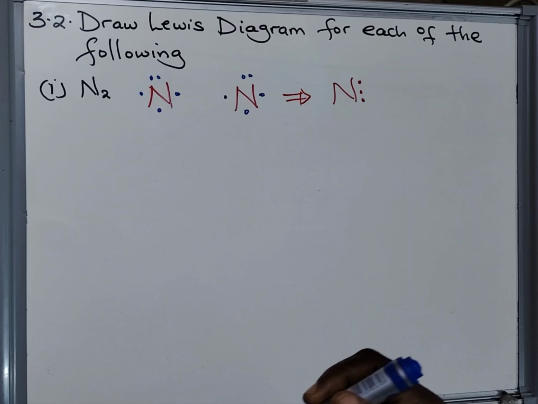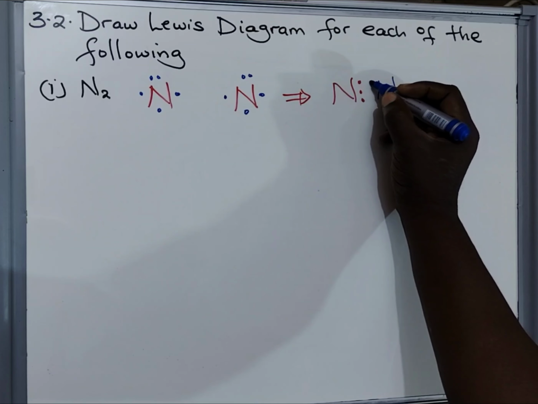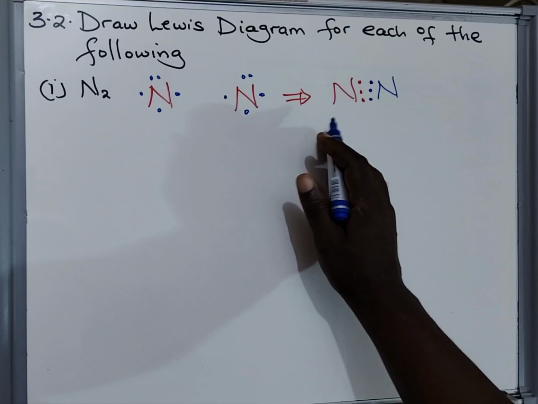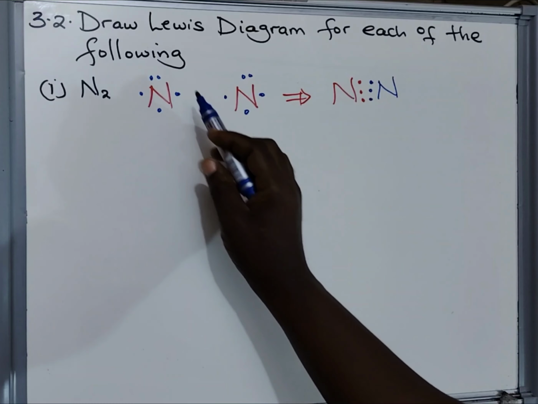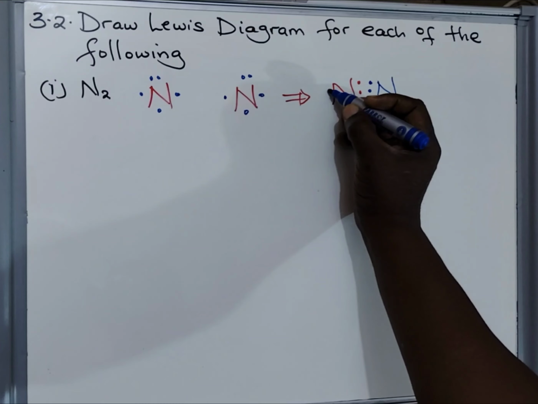And then another nitrogen atom comes, contributing this, that, and that. You have to remember that each of the nitrogen atoms has 1 lone pair, so we indicate it there.